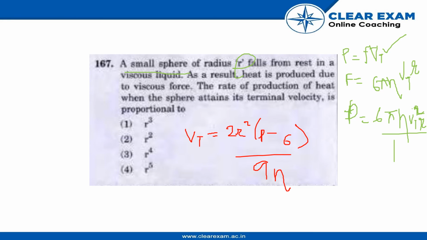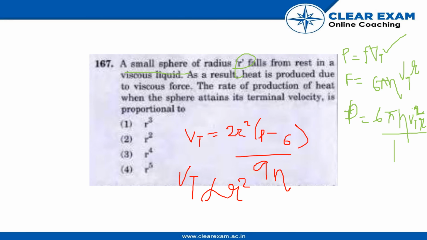This happened because we know that the terminal velocity is given by this formula. So from here we can see that v_t is directly proportional to r squared.